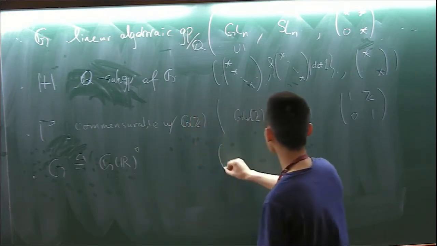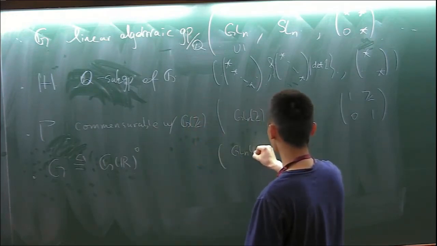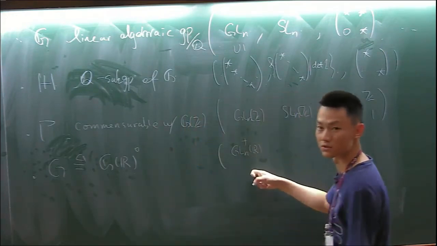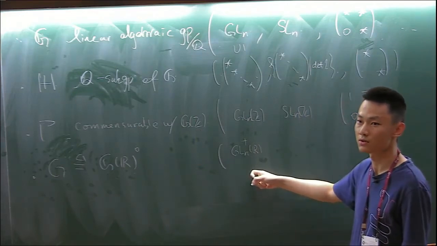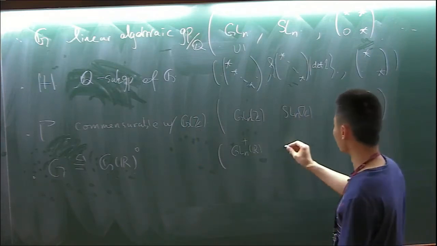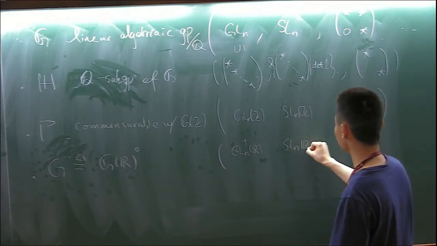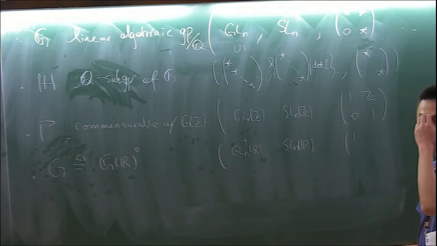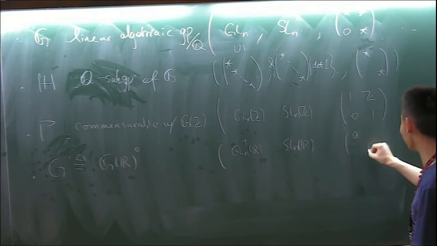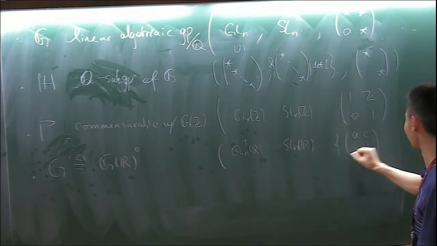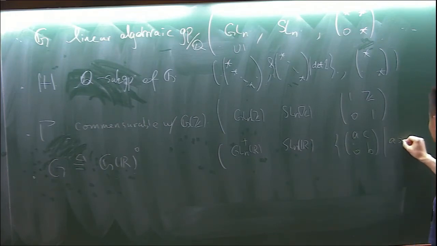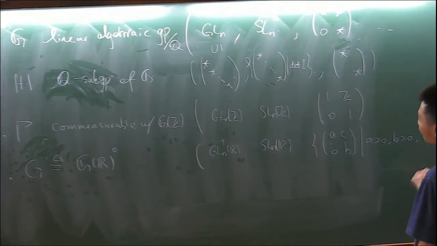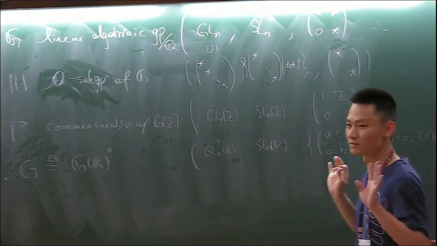So for instance, this is GLN(R)+, determinant bigger than 0, and here is SLN(R). And here it is (A, B, C) with A bigger than 0, B bigger than 0, C arbitrary. Make sense?